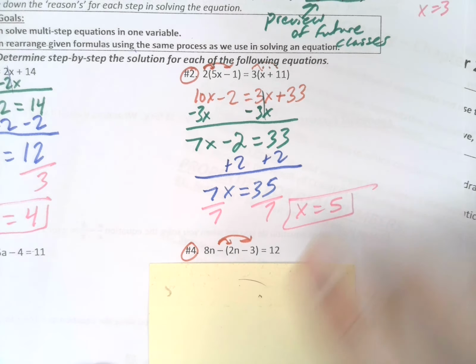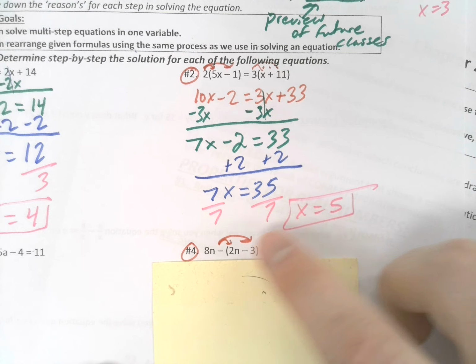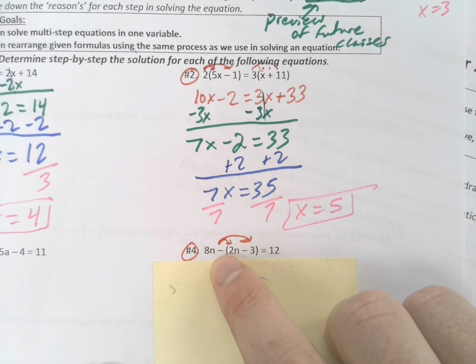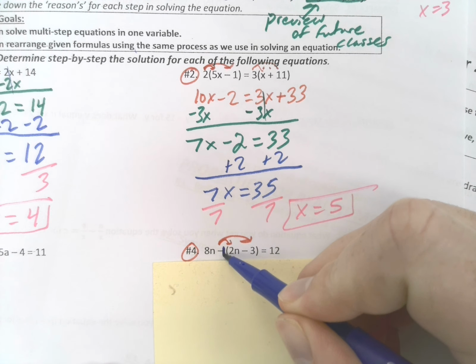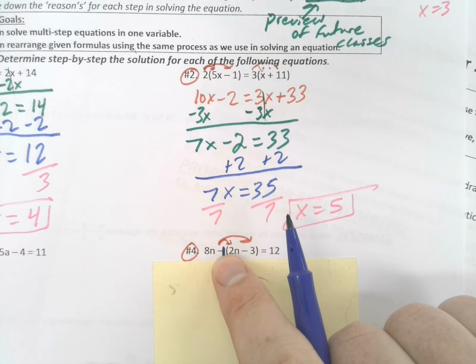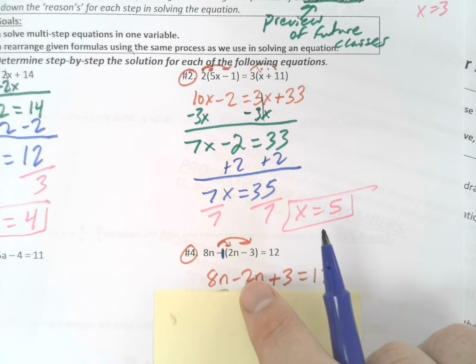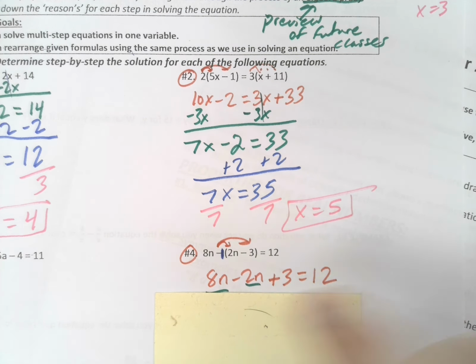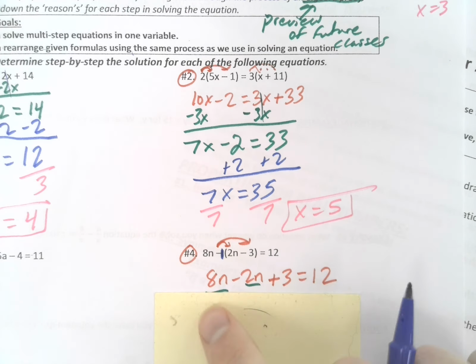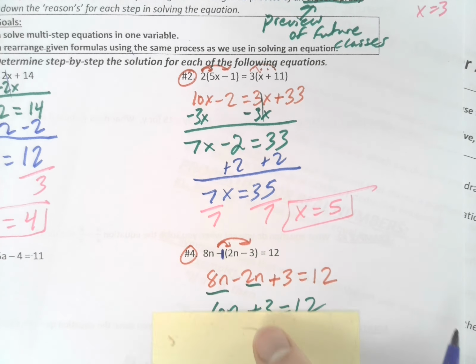Next problem, parentheses again, so we distribute. This time, though, we have a negative, no number there, so we assume there is a 1 there, a negative 1. So negative 1 times 2n, negative 2n, negative 1 times negative 3, positive 3. Hey, this time, we got variables on the same side, so we can just smash those together. 8n minus 2n, well, that's 6n.